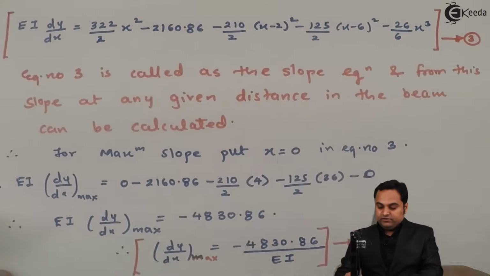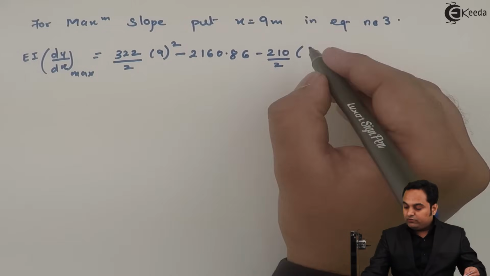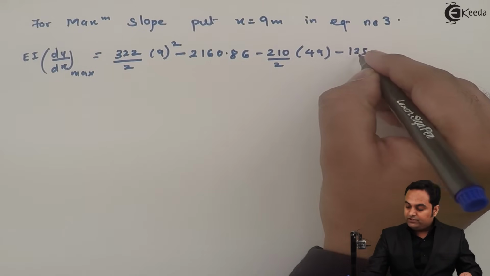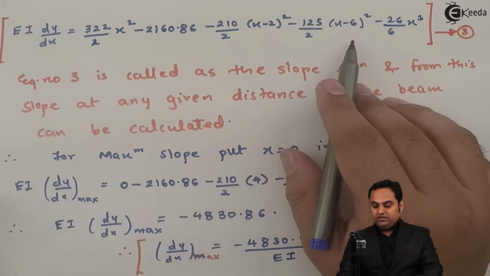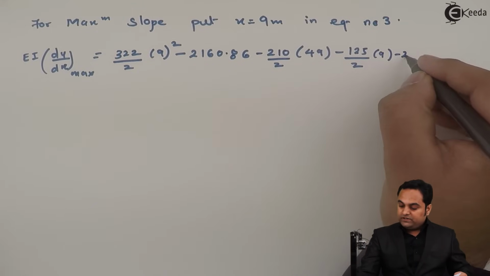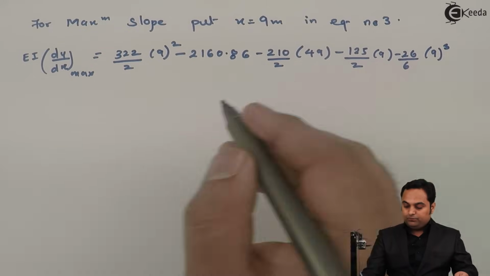So here we have 9 minus 2, that becomes 7, 7 square, that is 49, then minus 125 by 2. Here we have 9 minus 6, that is 3, 3 square, that becomes 9, minus 26 by 6. Here we have 9 cube.